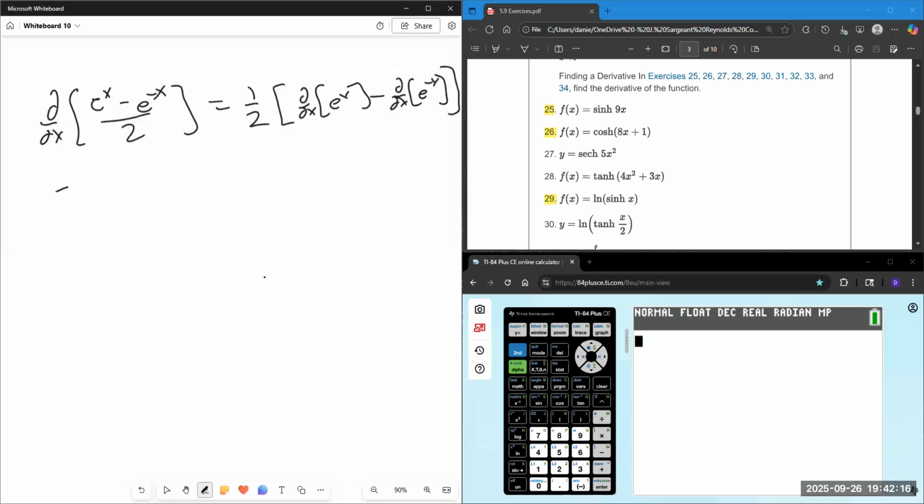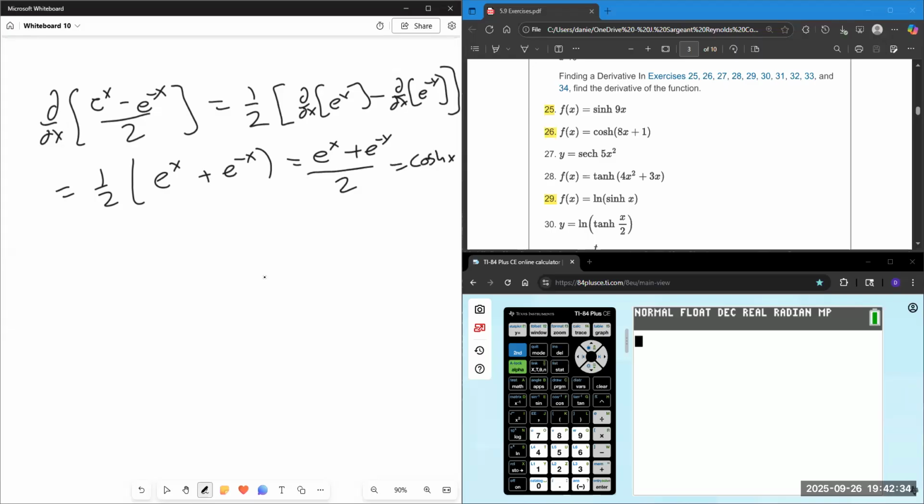So that is 1/2 of e to the x minus a negative, which is plus e to the negative x. It's e to the x plus e to the negative x over 2. So this is cosh x.